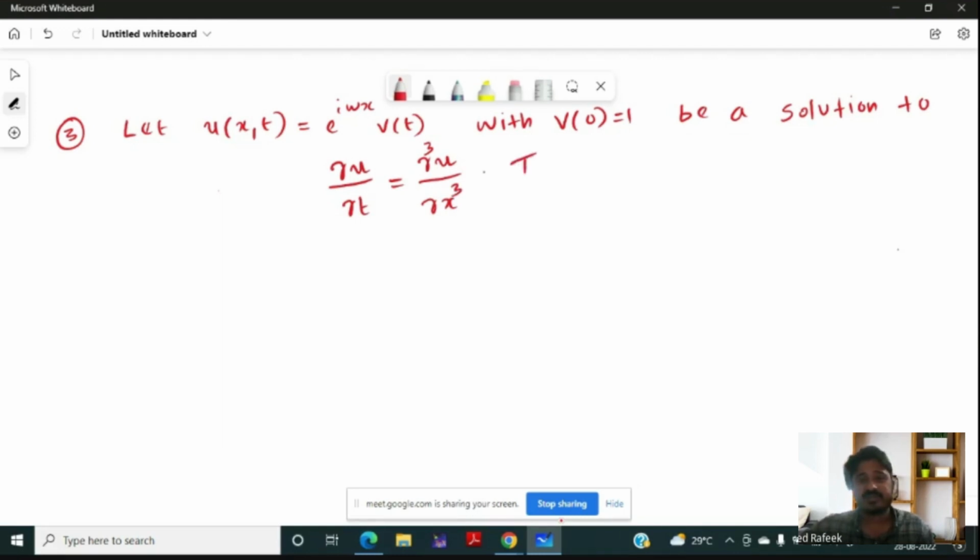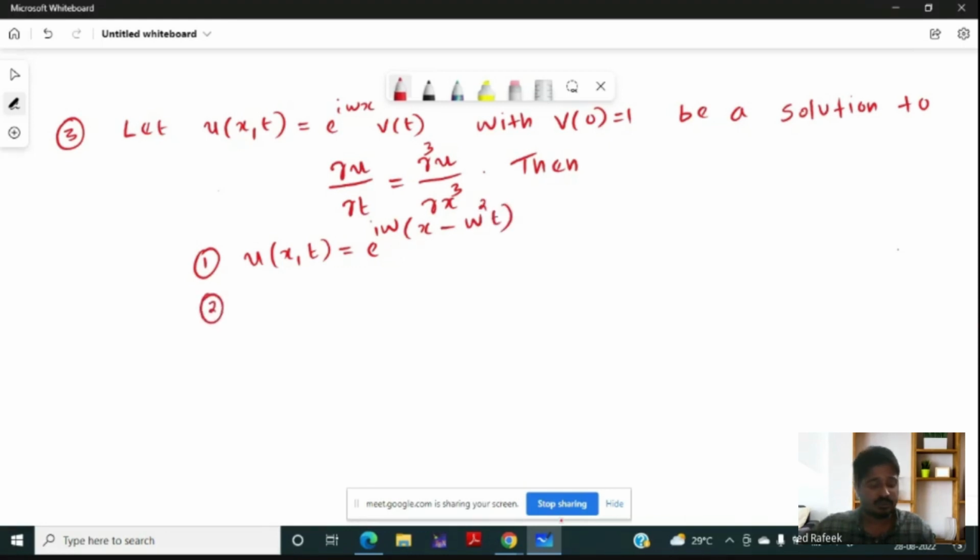Then option 1, u of x comma t equal to exponential i omega x minus omega square t.